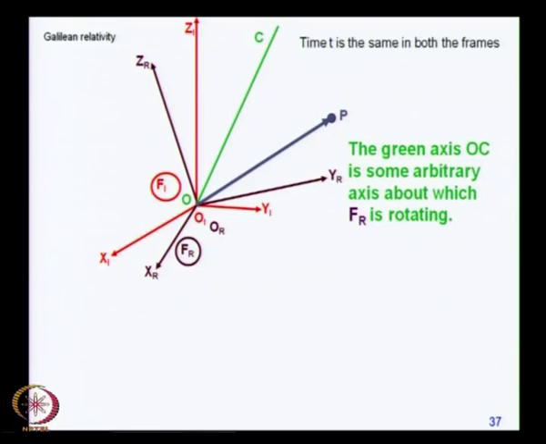So, this purple colored frame of reference rotates about the green axis which is along OC, and the purple frame of reference is now in a state of rotation about the axis OC, and you have an observer in the purple frame of reference carrying out observations which he will compare with the observations carried out by another observer who is in the red inertial frame of reference. So, that is the comparison we are now going to discuss.